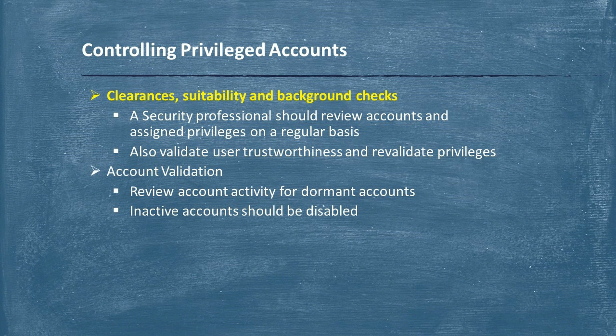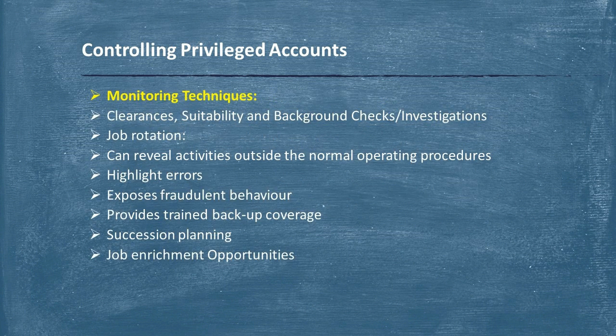Account validation: review account activity for dormant accounts. Dormant means an account unused for a long time. Inactive accounts should be disabled. Job rotation is another important activity that can prevent malicious activities and can reveal activities outside the normal operating procedures.